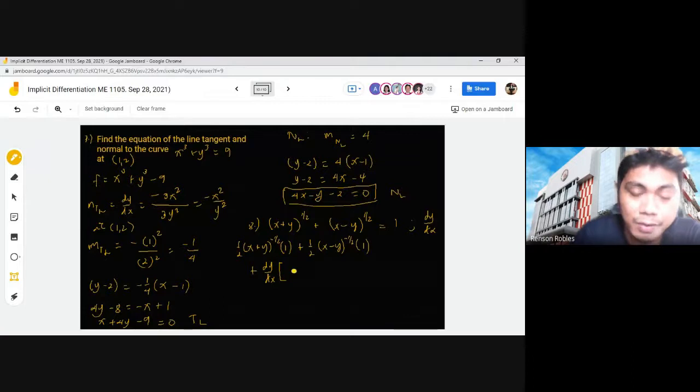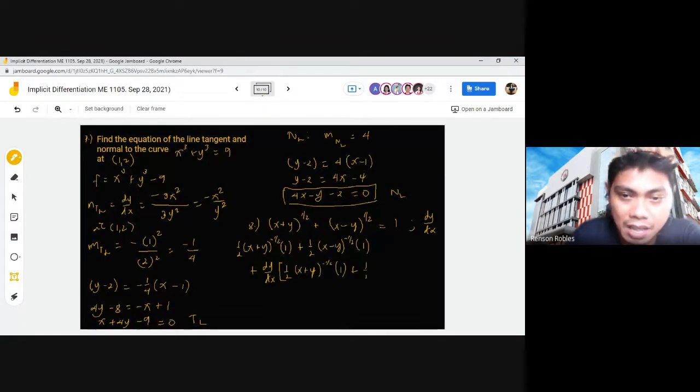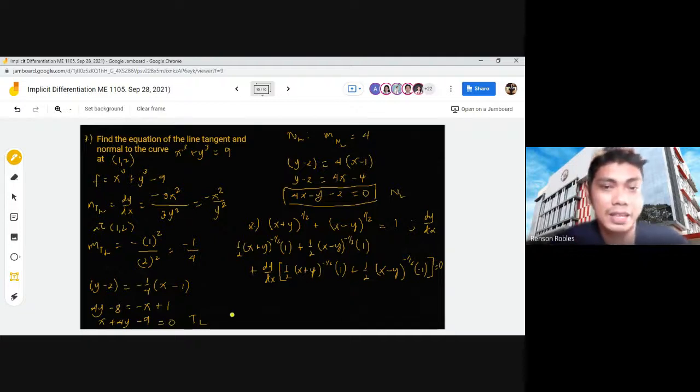Then in terms of y, 1/2 (x plus y) raised to negative 1/2 times 1, plus 1/2 (x minus y) raised to negative 1/2 times negative 1, close, equals 0. Okay? Kopyahin natin. Then, dalhin natin sa kabila.